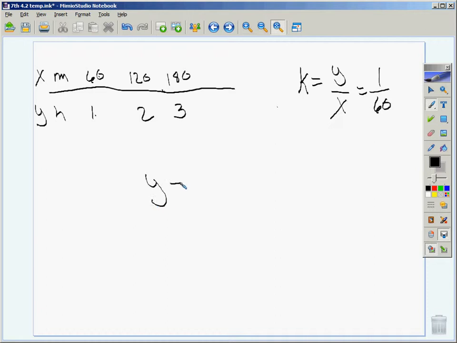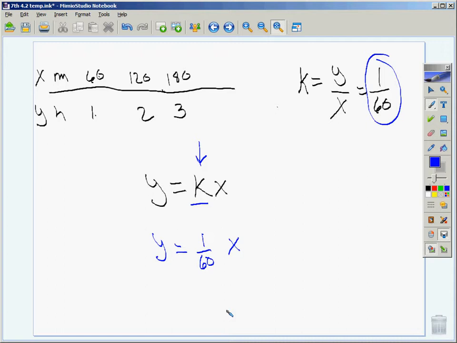If I wanted to write an equation, the only thing I have to replace is what? What's the only thing I'm going to replace? K. Y stays there. X stays there. What did I replace K with? 1 over 60.